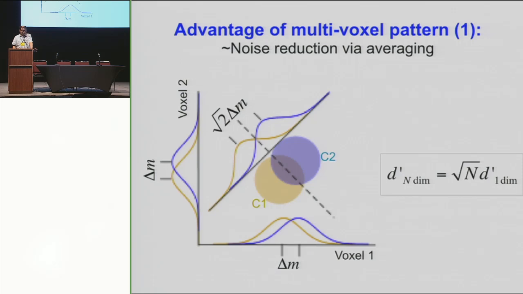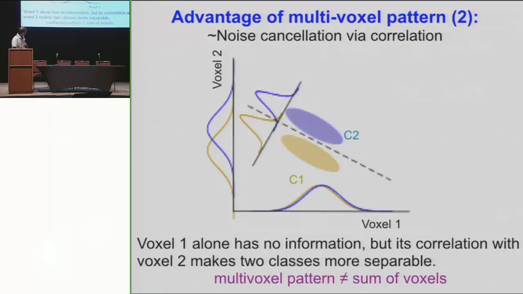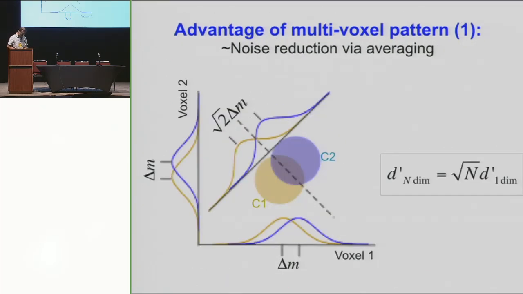Okay, and there are also other more basic reasons why multivoxel pattern is useful and powerful compared to univariate analysis. One point I should mention is that this is a very basic signal processing issue. Suppose we have two voxels, and C1 and C2 are different stimuli or task conditions. If you look at each voxel, the separation is delta m.